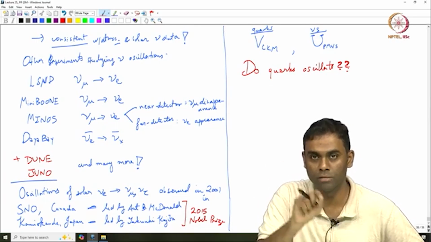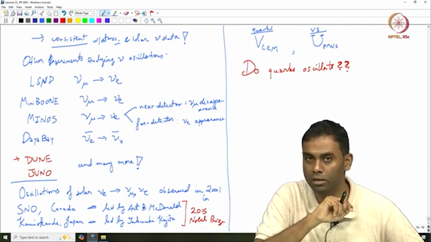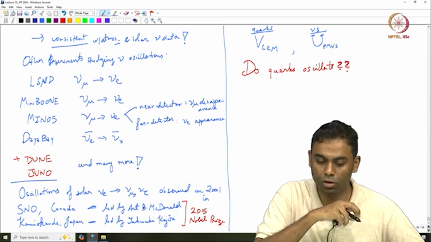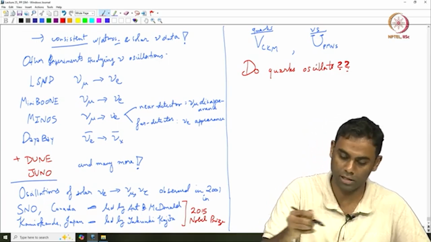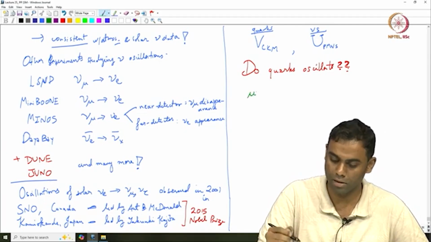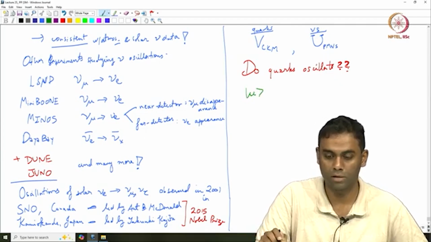Through propagation the flavor composition changes. Why can't this happen to quarks? Of course, you can also create quarks in their flavor eigenstate, nothing wrong in doing that. I can obviously start with some up quark in the flavor eigenstate.